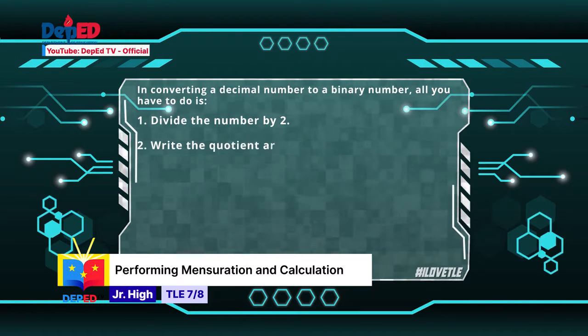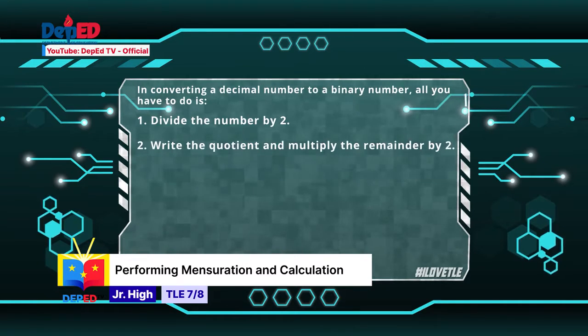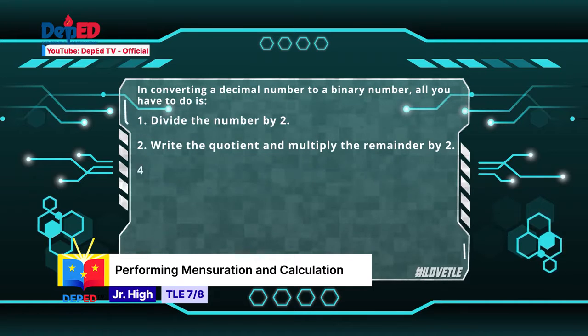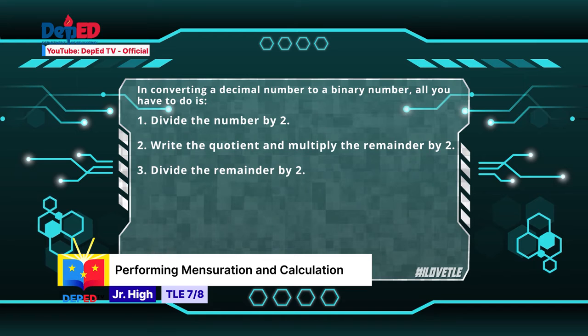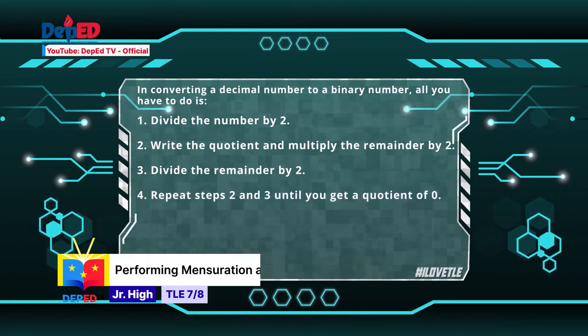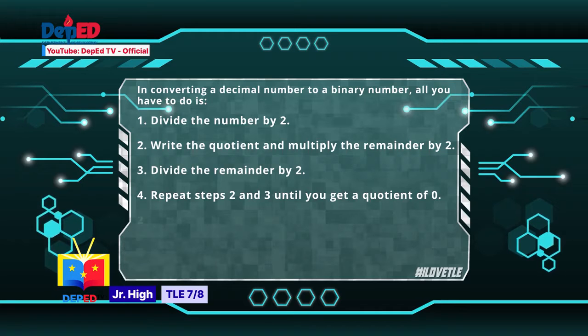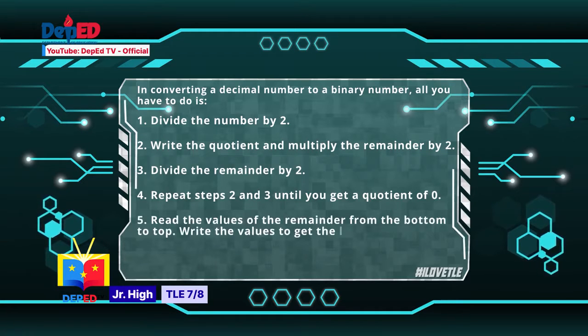Number 2, write the quotient and multiply the remainder by 2. Number 3, divide the remainder by 2. Number 4, repeat steps 2 and 3 until you get a quotient of 0. Number 5, read the values of the remainder from the bottom to top. Write the values to get the binary value of the decimal number.